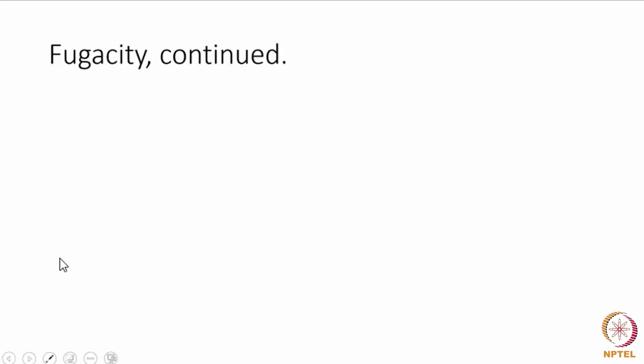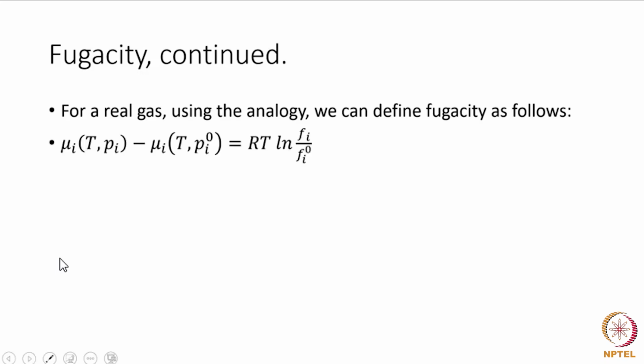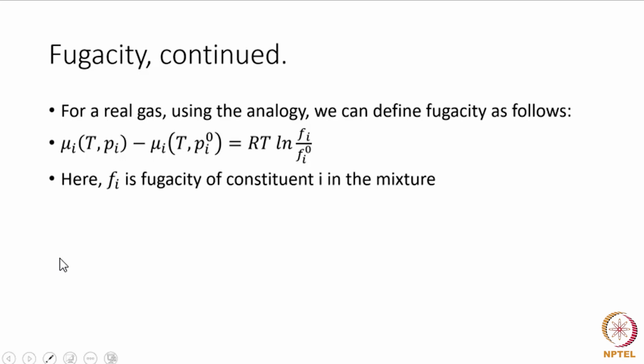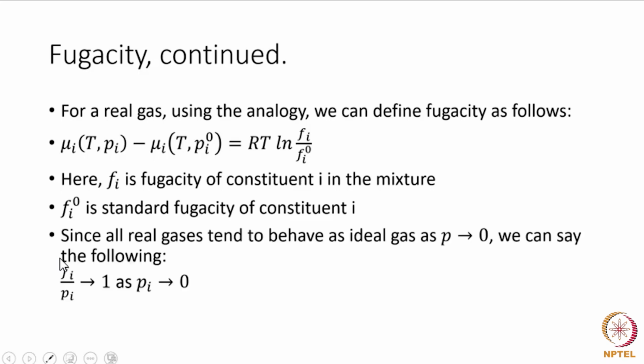So in such a situation, what we are going to do is that instead of the partial pressures of the constituent elements, we use a quantity called Fi, which is the fugacity of the constituent I. So the expression here is identical to what we have seen earlier, RT ln Fi by Fi naught, where Fi is the fugacity of the constituent I in the mixture and Fi naught is the standard fugacity of the constituent I.